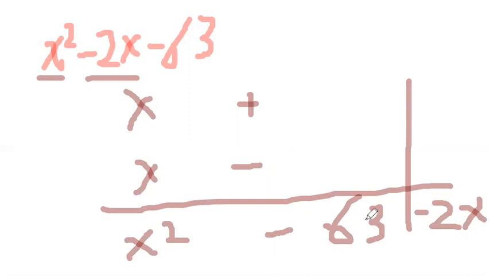Now, you know, 63 times 1 is 63, and 21 times 3 is 63, and 7 times 9 is 63. Now 7 and 9 is the most probable answer because the difference of that is 2.